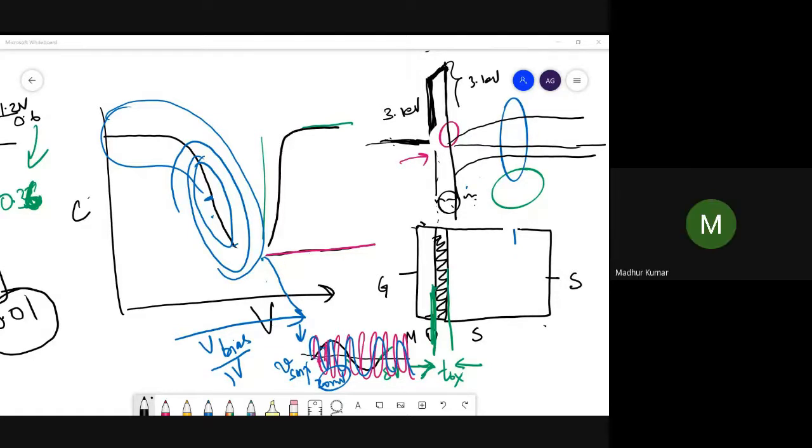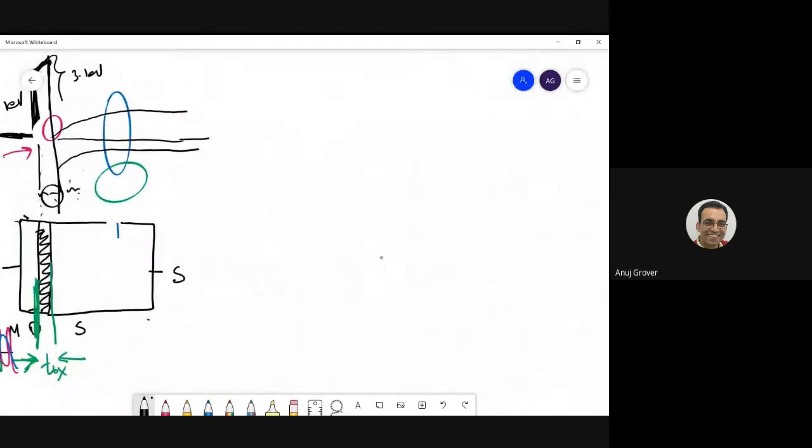The definition I know is that around the Fermi level, the probability of finding an electron is half. So let us look at it like this. Let us say the Fermi level is moving like this. Over here, the probability of finding an electron is higher than the probability of finding an electron here. So what happens?